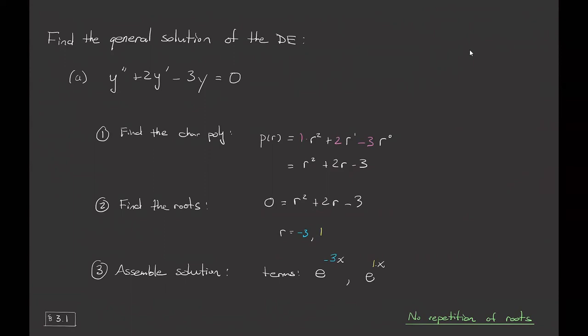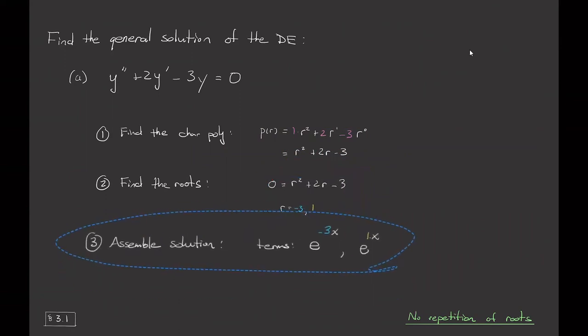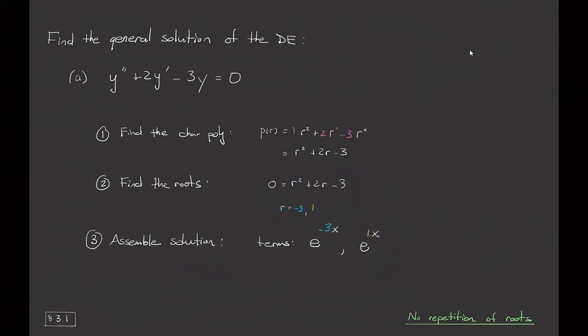Let me shrink some of this work so that we can have a little bit more room now that we've done this. Good. And we just need to give ourselves room to be able to actually write what the solution formula is.